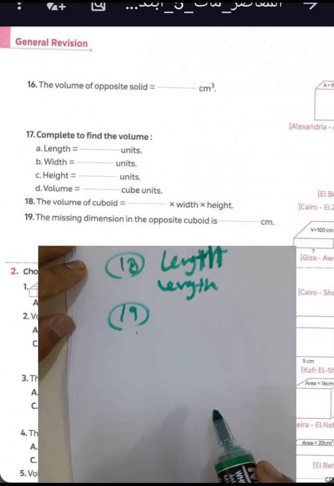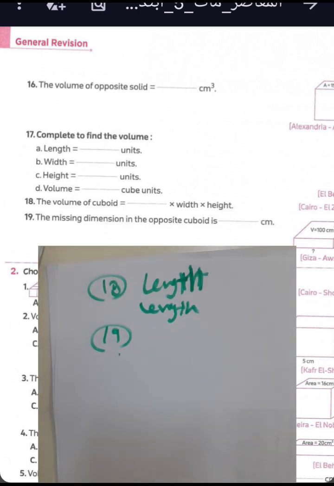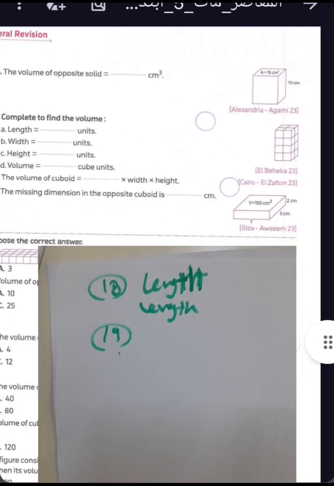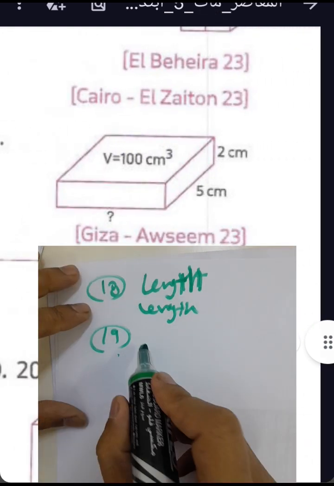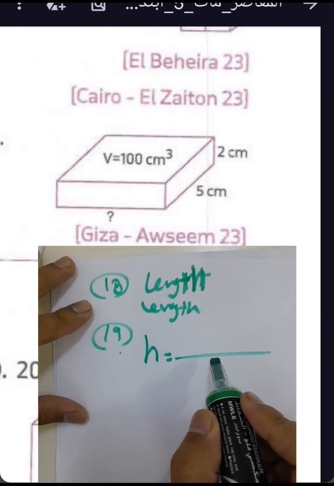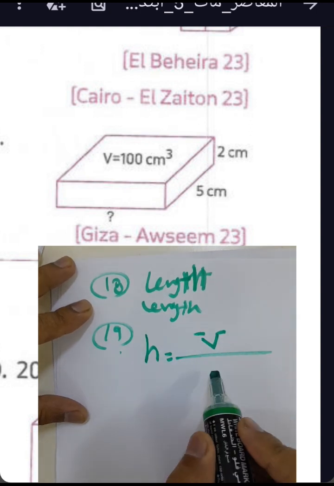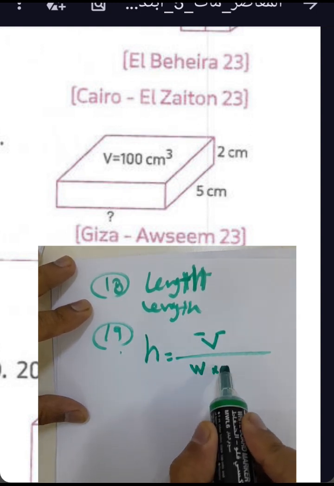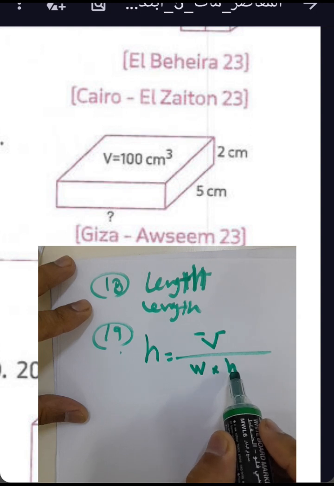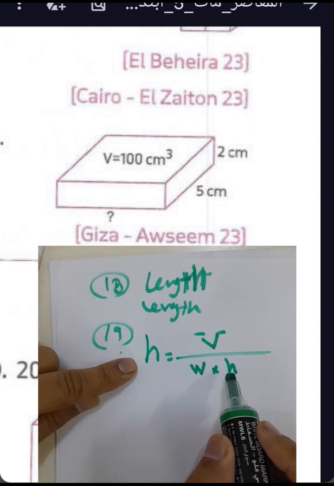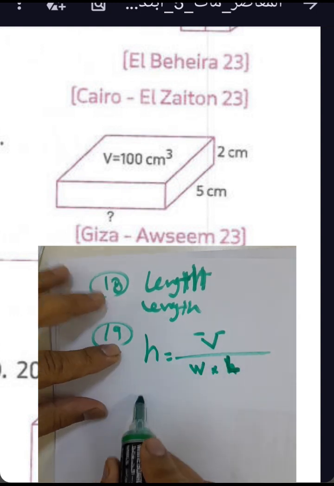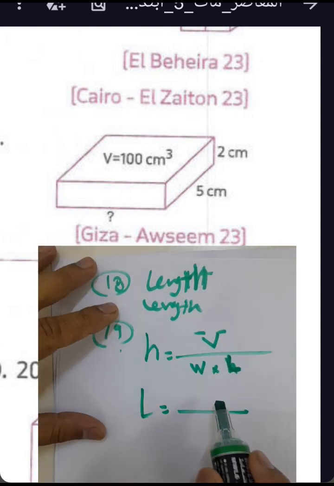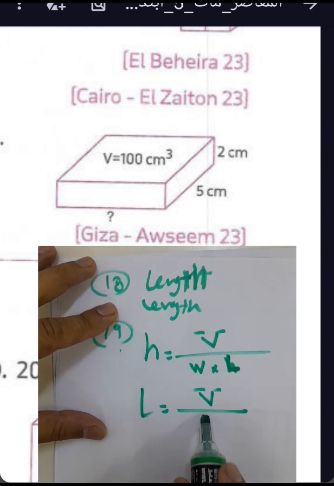Question 19. The missing dimension of the opposite cuboid is what? We have a cuboid and we want to find the height. The height equals volume over length times width. If you want to find the length, we have the rule here: length equals volume over width times height.